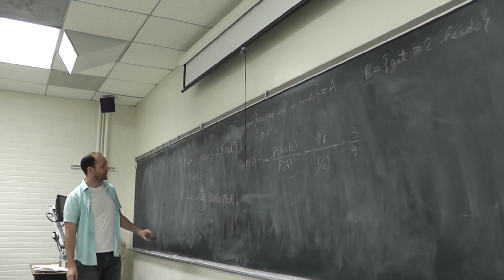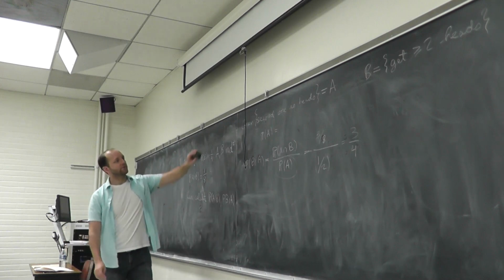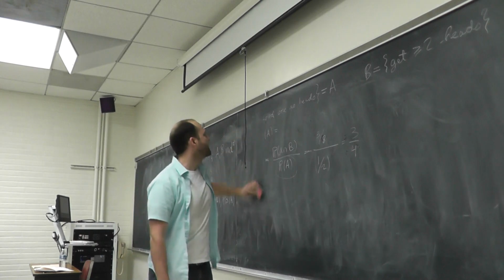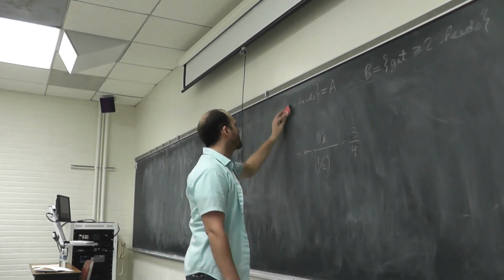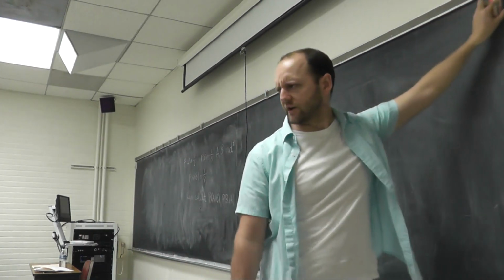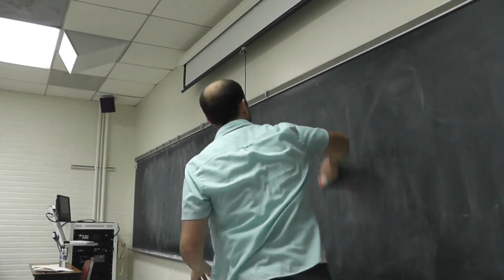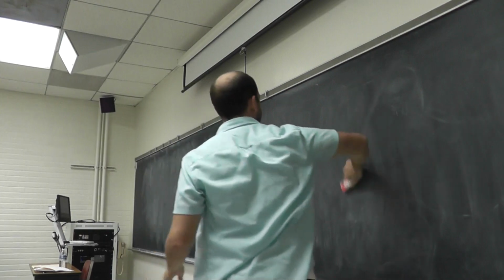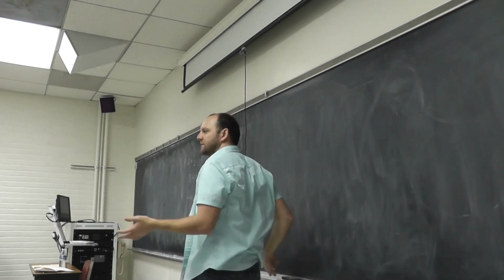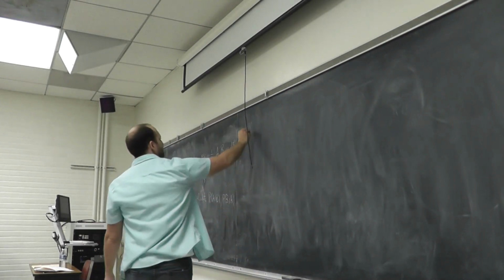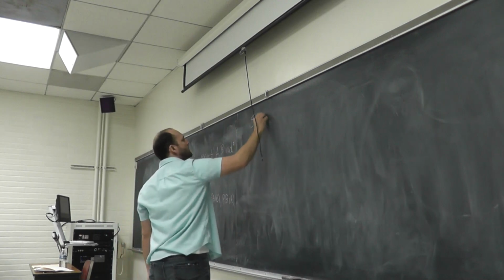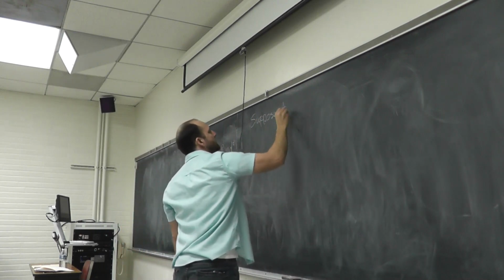So, here's a good question. Suppose that A and B are independent events. What can you say about the probability of A given B? Have you guys done this? No? It's a good exercise in calculation, and also in remembering what everything means. So suppose that A and B are independent.